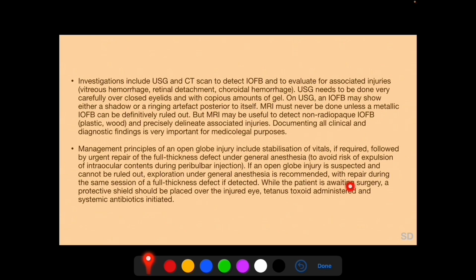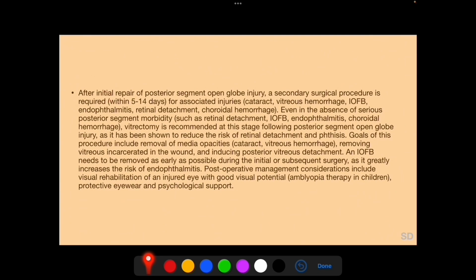While the patient is awaiting surgery, a protective shield should be placed over the injured eye, tetanus toxoid administered, and systemic antibiotics initiated. After initial repair of the posterior segment open globe injury, a secondary surgical procedure is required within 5 to 14 days of the trauma for associated morbidities such as cataract, vitreous hemorrhage, intraocular foreign body, endophthalmitis, retinal detachment, and choroidal hemorrhage.